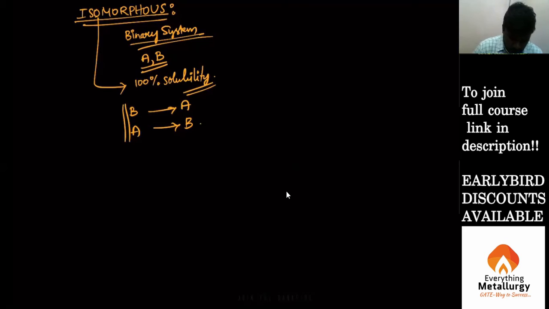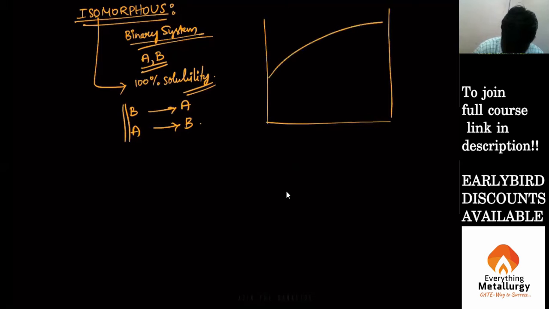So what does the isomorphous diagram look like? It will look something like this. How it came about, the derivations, and the thermodynamics behind it, the G versus X curves, we are going to discuss all of that.